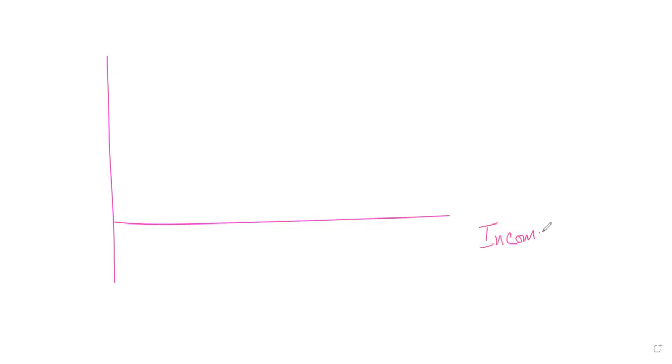ये देखें, अभी अब तक हमने देखा है आपका consumption function. So your consumption function was like this: income on the x-axis of the graph and consumption on the y-axis. Now I said even if your income is zero, you can't survive, right?